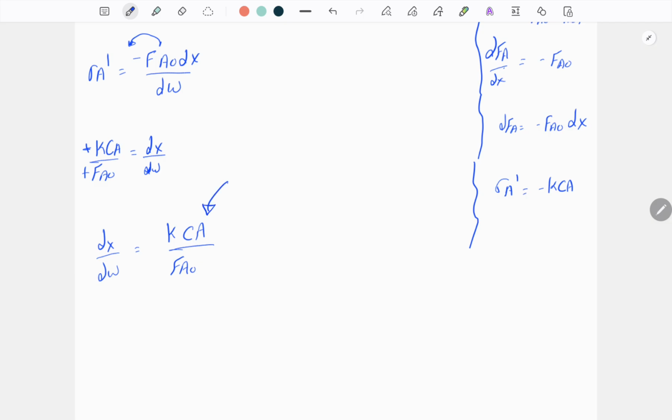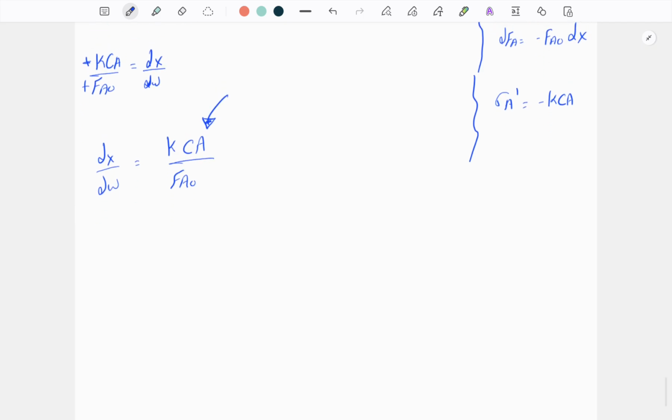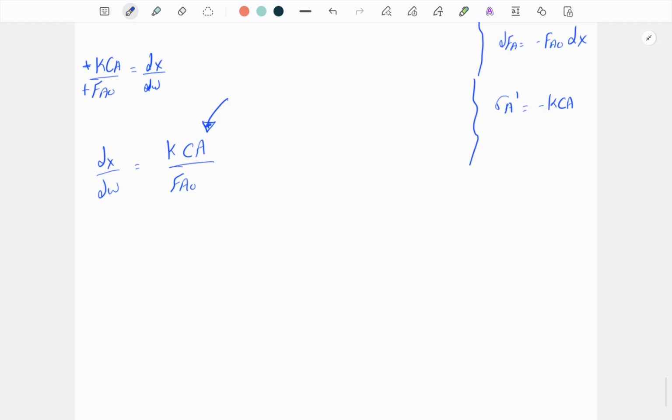Now, this CA here, since it's in terms of a gas phase, we need to substitute the equation of the final concentration when it's in a gas phase, which I wrote on top, but I'll write it again, it's not a big deal.